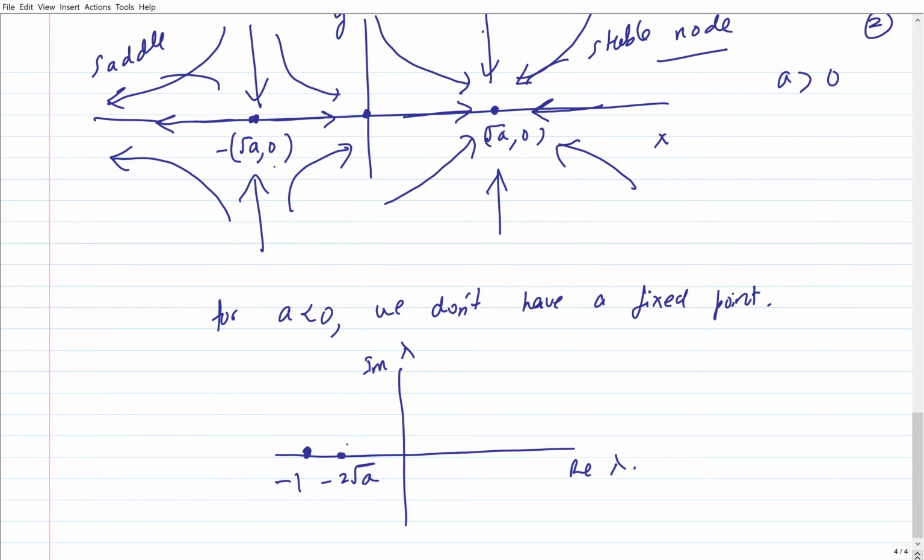So you can see that a is my parameter, and these are the eigenvalues for the fixed point root a comma 0. Both lie on the negative real axis, and hence all directions point towards the fixed point. That's what's happening. I've already mentioned that for a less than 0, you don't have a fixed point.